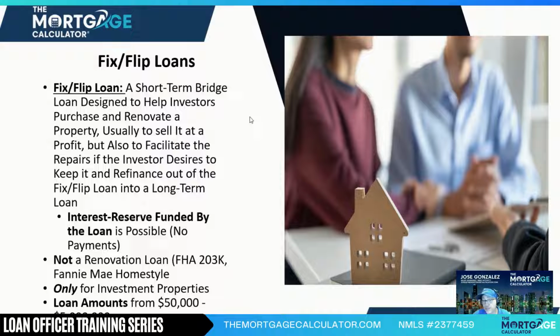There are options on the conventional side where if it's a one-unit property, it can be an investor renovation loan, but they're not a short-term bridge loan. The fix and flip loans are for investment properties only, and we have loan amounts anywhere from $50,000 to $5 million.